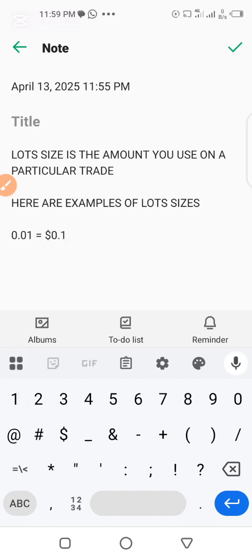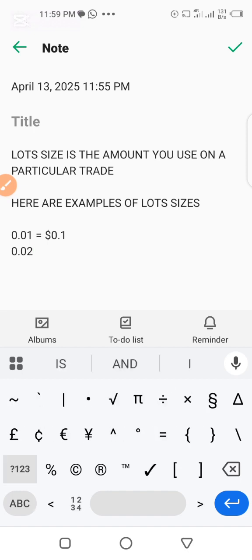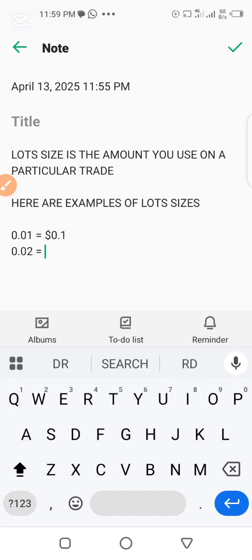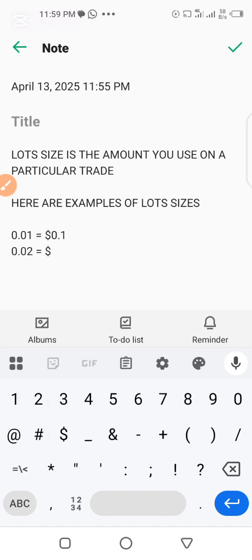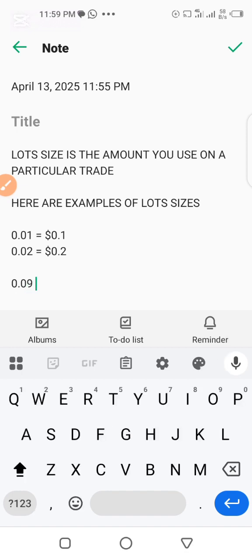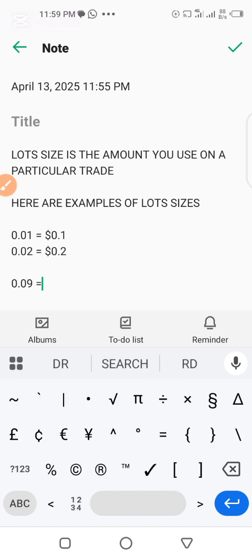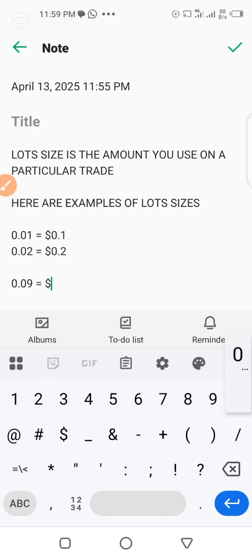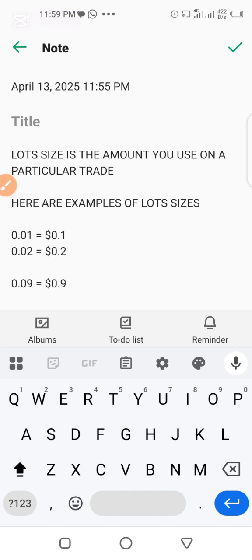So like that continuously, like 0.02, continuously to 0.2 cent, continuously till it gets to 0.09, which is equal to 9 cents.